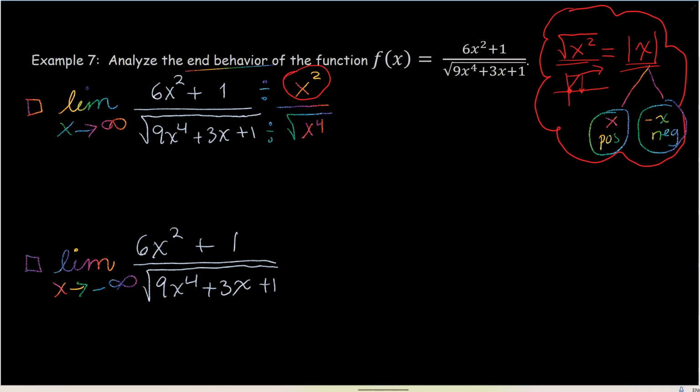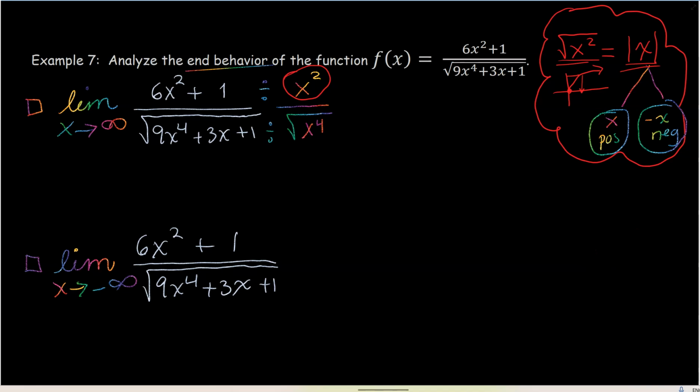But if you had to divide by x to the 6 on the denominator, the square root of x to the 6 on the denominator, then on the numerator we better have the absolute value of x to the third, because x to the third could be a negative number. Okay, and we'll go ahead and do that in just a second.